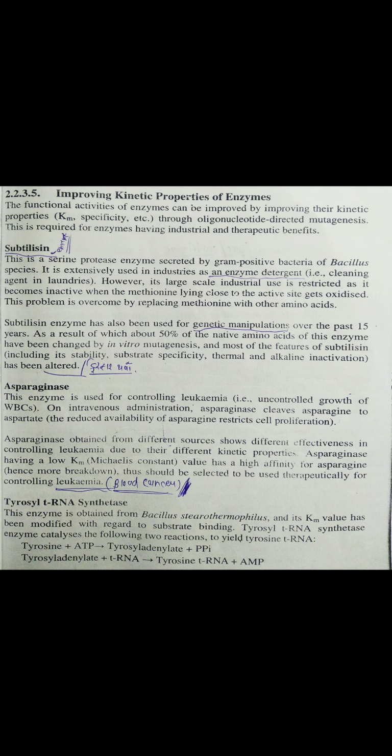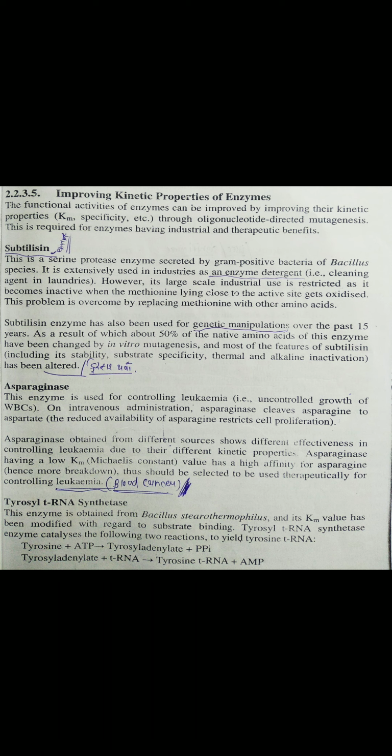So the asparaginase having a low Km, the Michaelis constant value, has high affinity for the asparagine and hence more breakdown, and it should be selected to be used therapeutically to control leukemia. So the asparaginase enzyme with a low Km value has a higher affinity to asparagine, and ultimately it breaks down the growth of the WBC, so it is more useful.